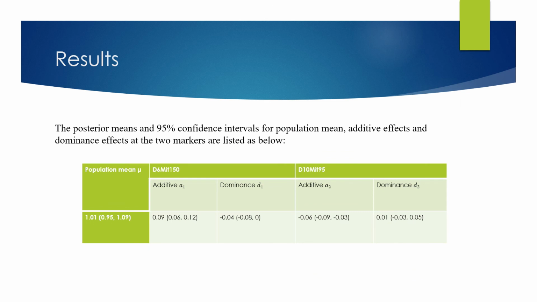So finally, here is the table for the posterior means and 95% confidence intervals for the parameters, including the population mean, and the additive effects and the dominance effects at the 2 markers we have identified before, and their values are listed below.